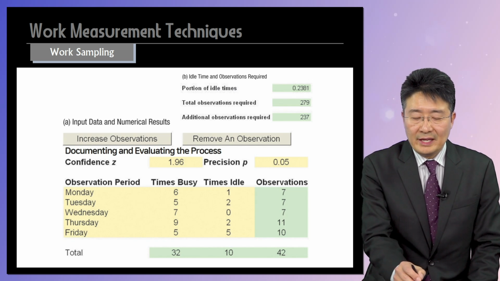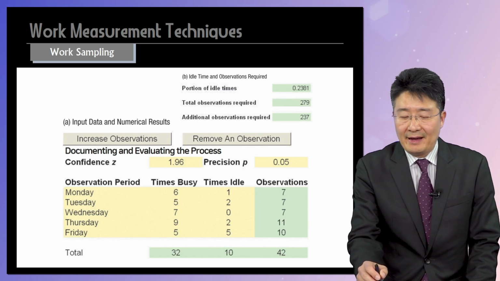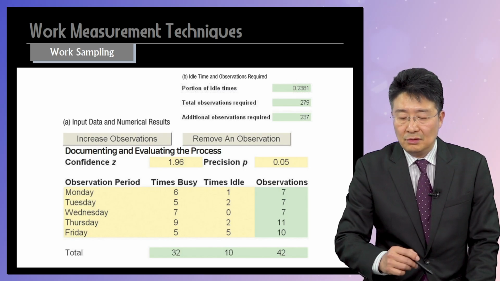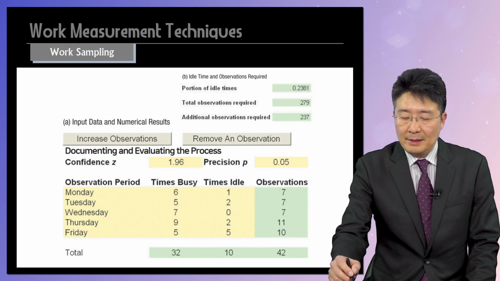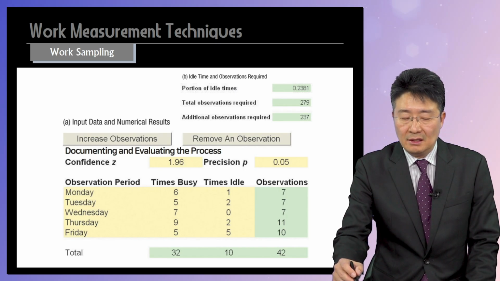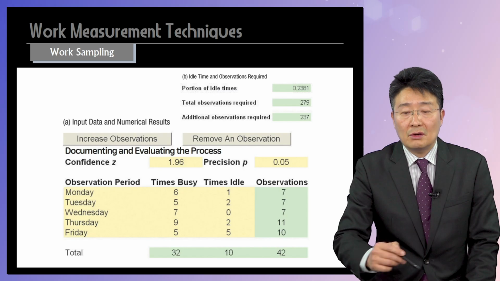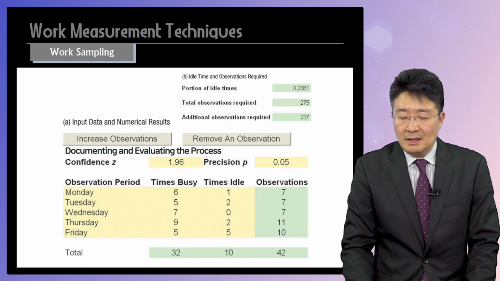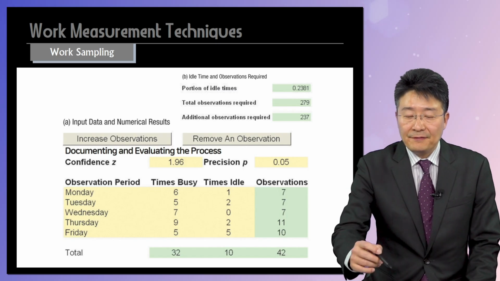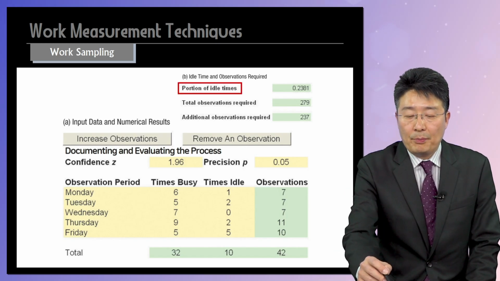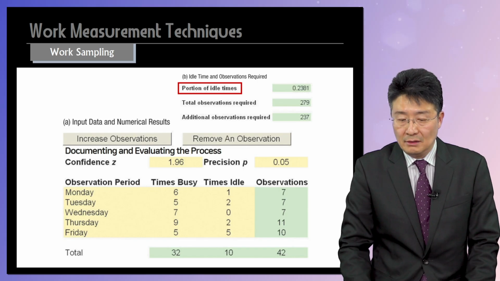And on Tuesday, times busy 5 times idle 2. So we have 7 observations in here. On Tuesday, we also have 7 observations here, okay? Then finally, we can calculate the proportion of idle times in here.